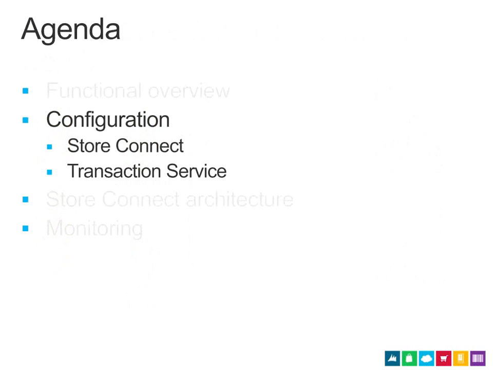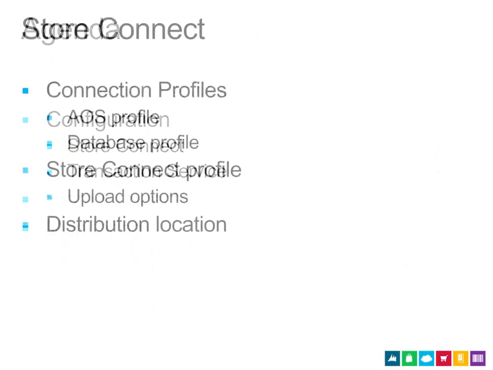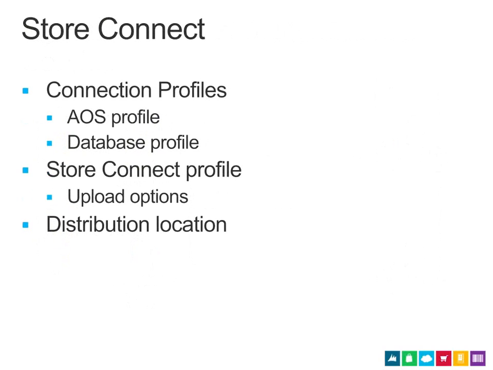So from a configuration standpoint for Store Connect, this is the next thing we're going to look at. There are three key things that you need to be aware of that need to be configured. Those are the connection profiles. If you think about it, the data transfer needs two endpoints. One of them is the AOS, or the data in AX.